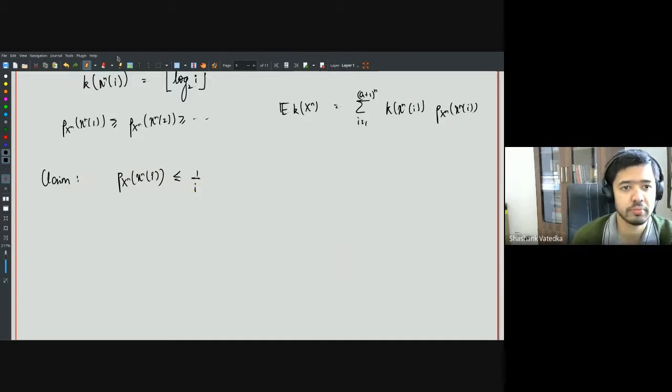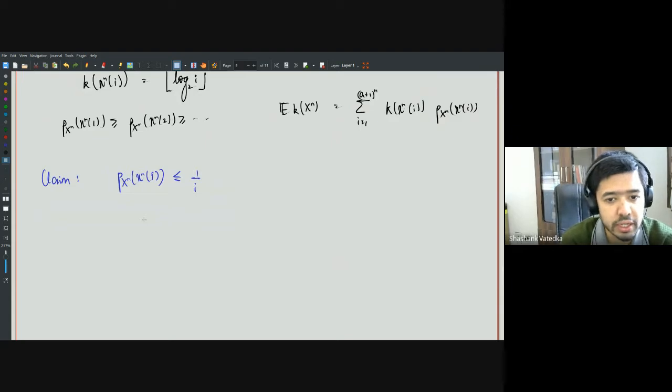This is the claim. So if I look at the ith largest sequence, then it is always going to be less than or equal to 1 over i.